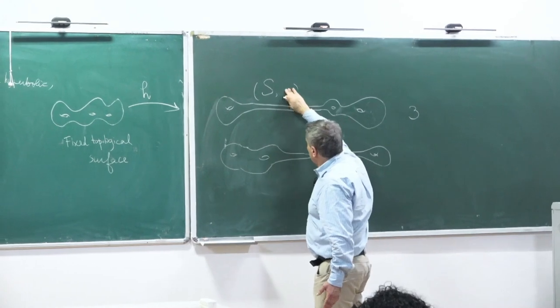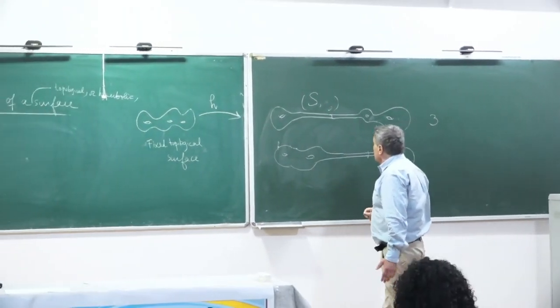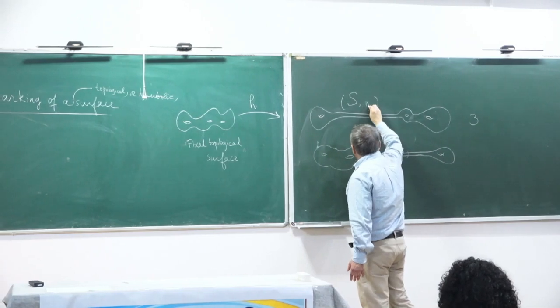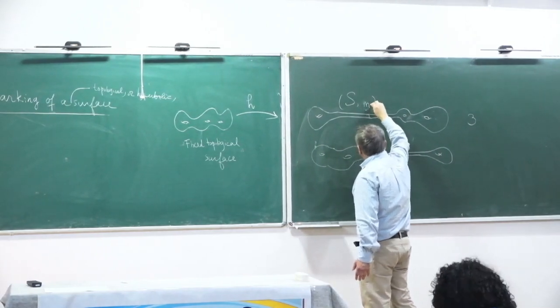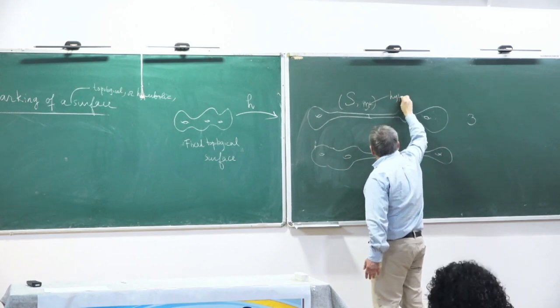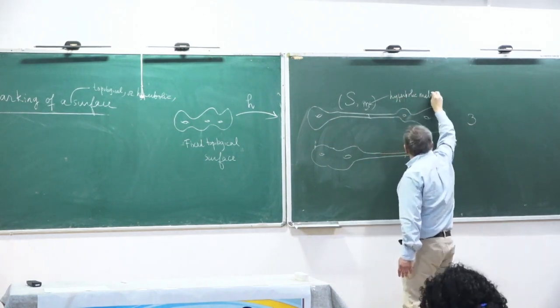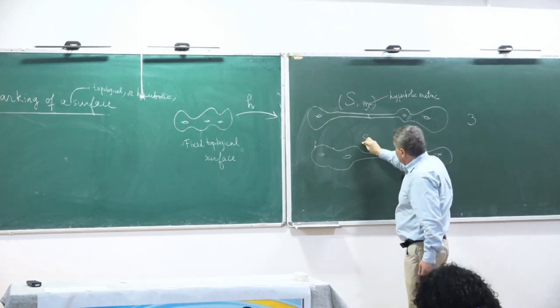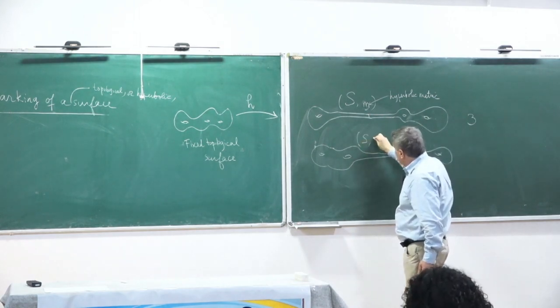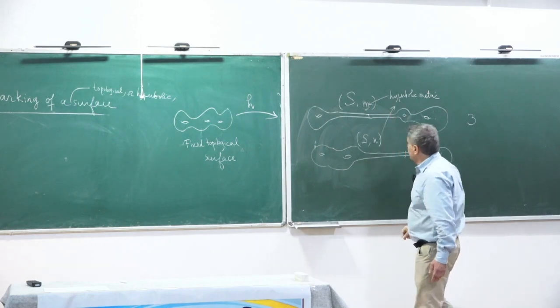G, no, I don't want G because we use G for the genus. M, metric. This is the hyperbolic metric. And here I have the surface S equipped with a hyperbolic metric M.